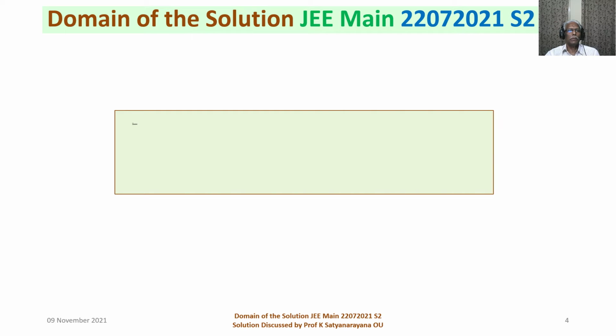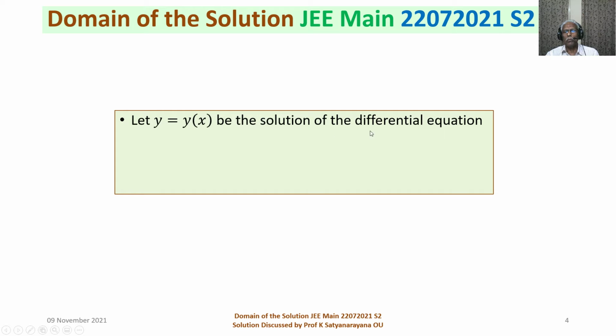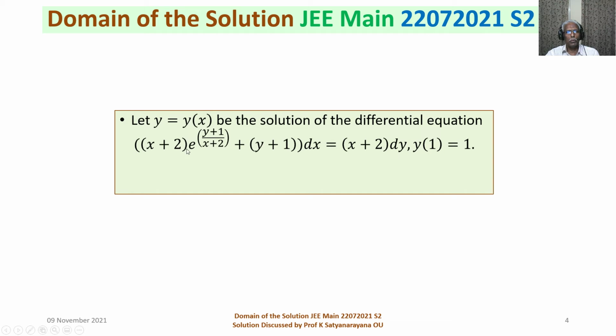The problem is: let y = y(x) be the solution of the differential equation (x + 2) e^((y+1)/(x+2)) + (y + 1), all in brackets, multiplied by dx, is equal to (x + 2) dy, with the given initial condition y(1) = 1.